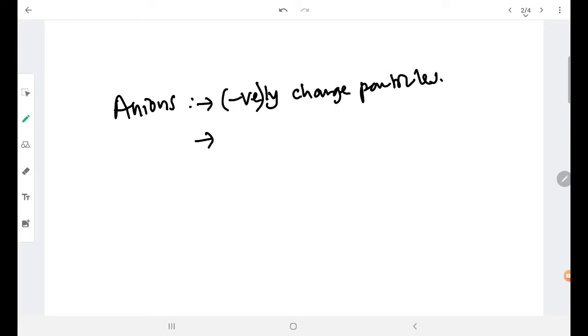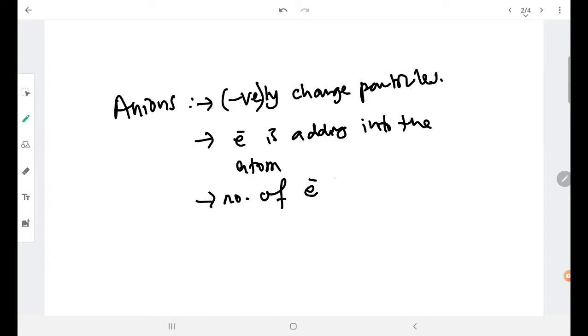Anion is formed when electron is added into the atom, making the number of electrons greater than protons. Okay, so that is the definition of cation and anion. So cation is a positively charged particle, while anion is a negatively charged particle.